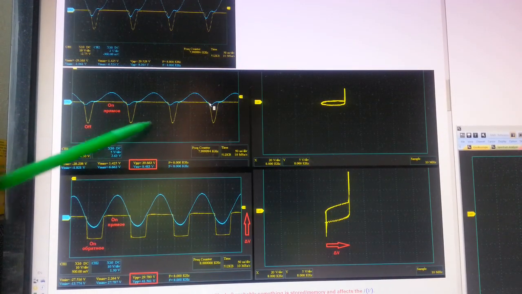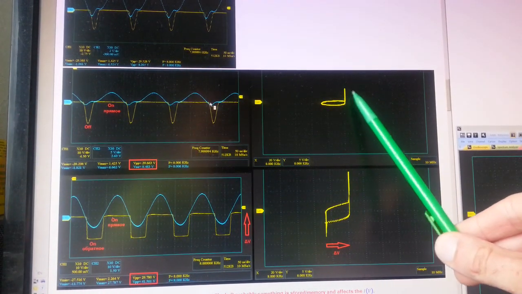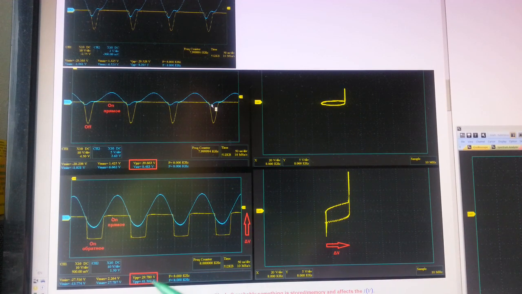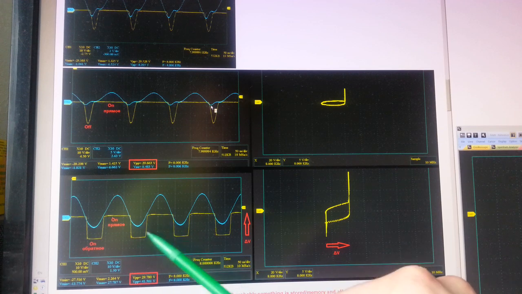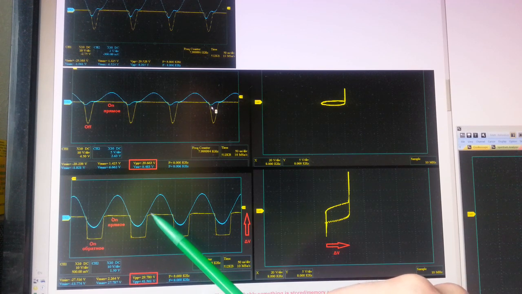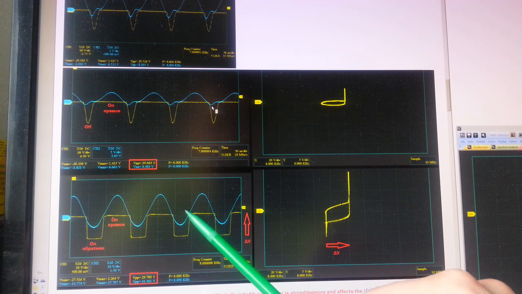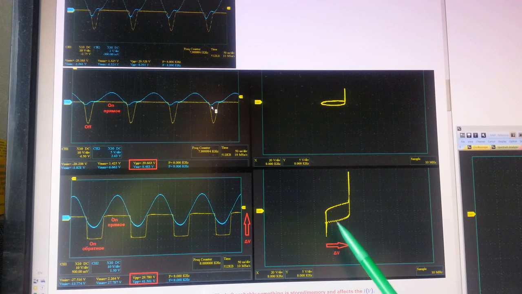And if you look at the XY figure, we have this pattern that we've seen before. If we increase voltage even higher, at this moment we have reached the breakdown voltage. So we have the flat line from both sides in the direct and reverse direction. And we have the current basically a sine wave because the diode is open, we just cut a small piece of it. And in those XY figures we have this pattern.